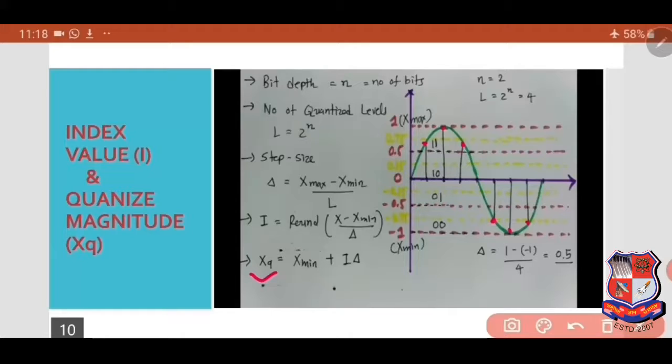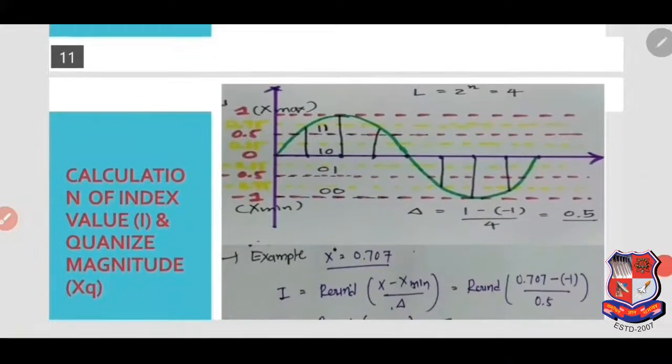So we will get one value for each and every sample, and after getting these values we can prepare one table, and this table is useful to convert this analog signal into the digital signal. How this table can be formulated and how it will be helpful to us, we will see.